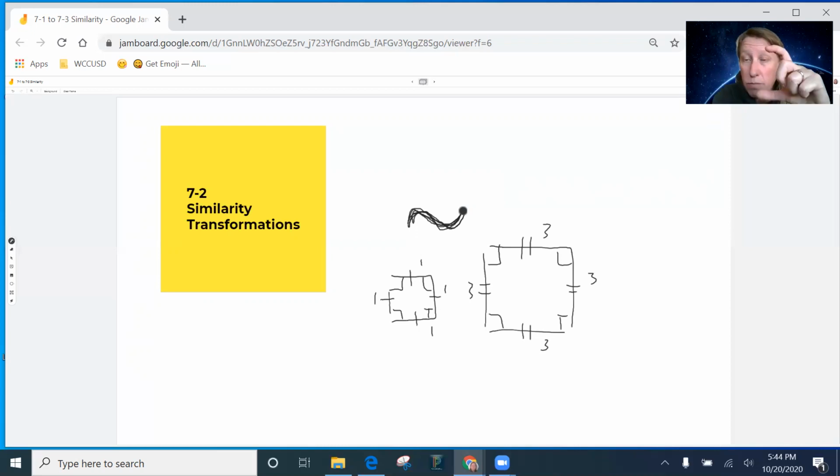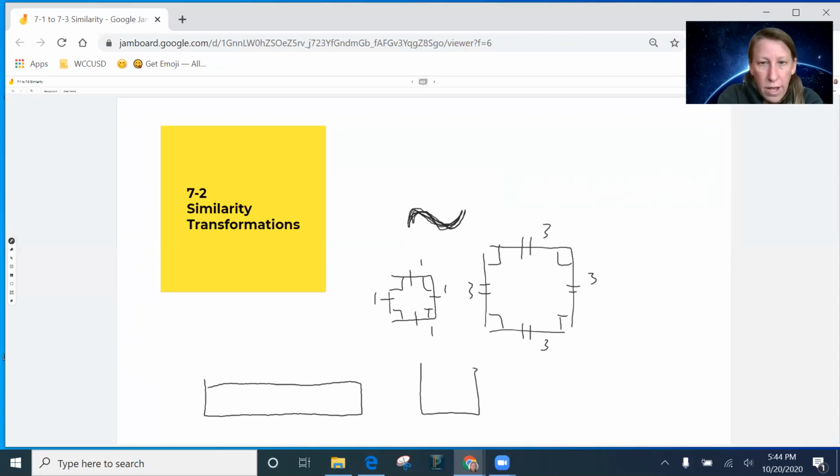Like you can build a shape that's exactly the same kind of proportion. So some rectangles are super long and skinny, and some rectangles are short and fat. Can I squeeze this one and make it bigger and smaller and ever make it look like this? Just by enlarging it or reducing it? No, I can't. So these two rectangles are not similar.